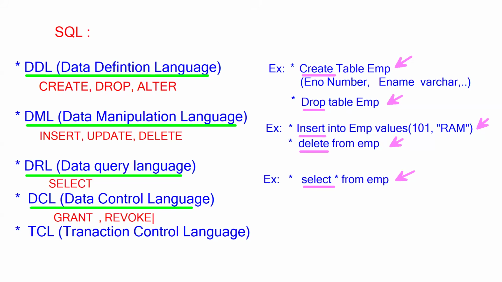Sir, what will the grant command do? Using the grant command, we can grant permissions. For example, I said grant select on EMP to John. So for user John, which permission did we grant? Select permission on the employee table.